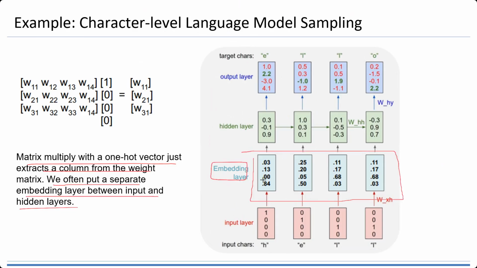This kind of embedding layer can be performed between the input and the hidden layer in order to calculate the hidden layer and put a better value in the hidden layer. A better value means something that is not too high or too low.